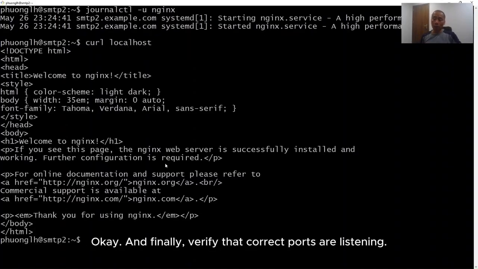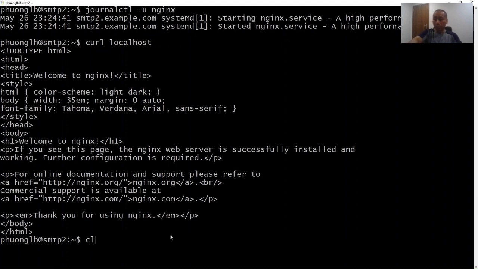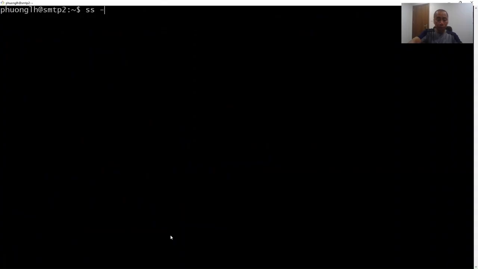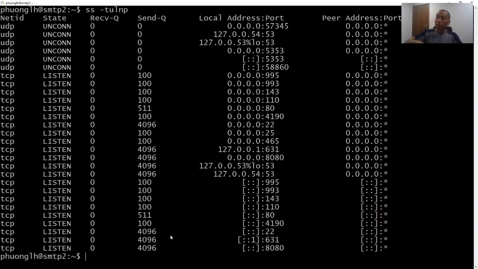And finally, verify that the correct ports are listening.